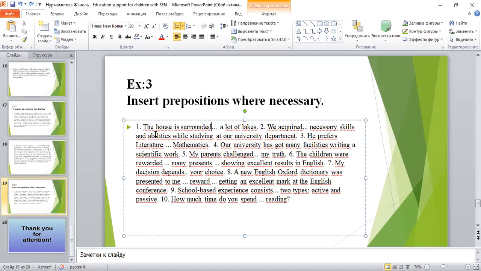For example, the house is surrounded. We need one preposition here. What kind of preposition? Yes, the house is surrounded by a lot of lakes. Now I will give the other homework tasks from our textbook.